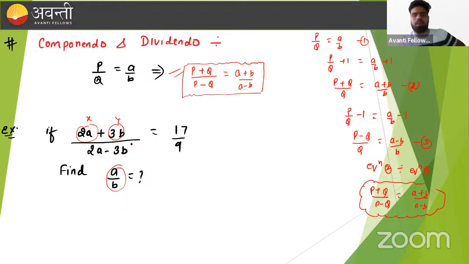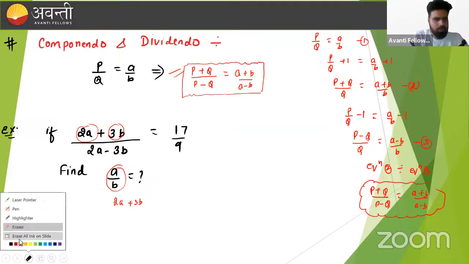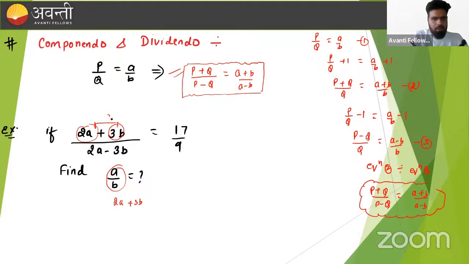So if we apply componendo and dividendo here, how can we write it down, beta? We can say 2A plus 3B. Suppose this is the numerator portion. This complete portion is known as our x portion. This is our complete x. This is our complete y.